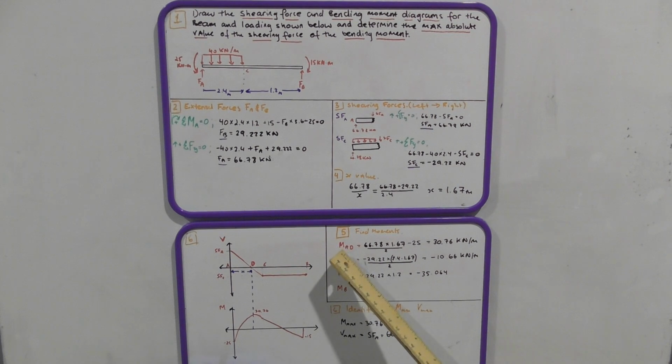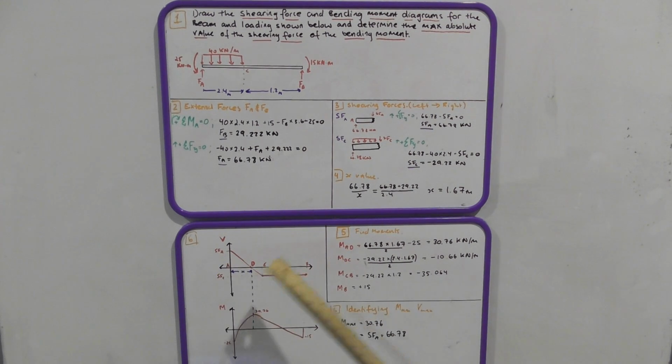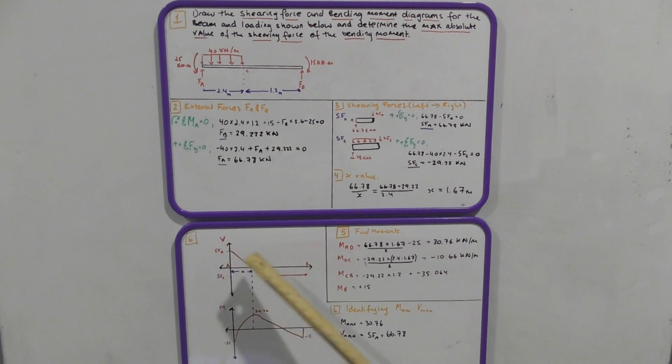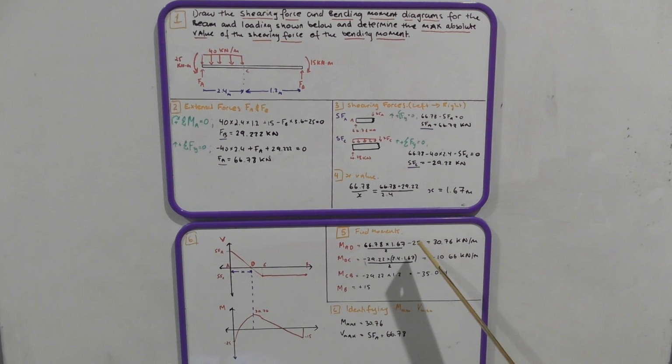So moment A to D will be the shearing force at A, multiplied by the distance x, divided by 2 because it's a triangle. And then we cannot forget to minus the negative moment here from that overall value.